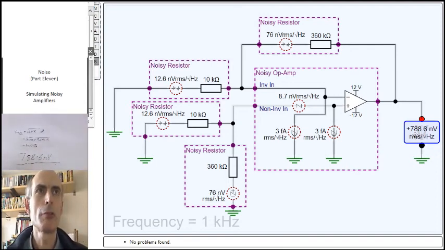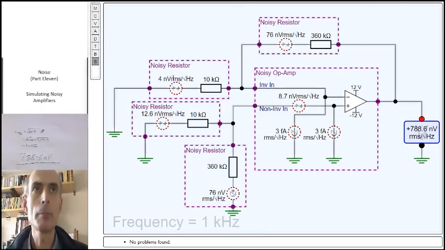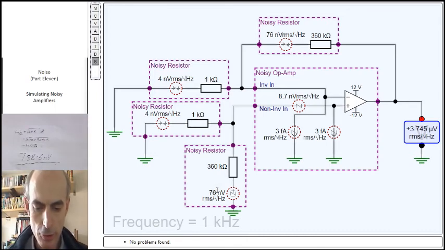What is it if we drop the resistors by a factor of 10, remembering to change their noise voltages as well? Well, let's try it. 12.6 nanovolts, if it drops by the square root of 10, would get you to 4 nanovolts per root hertz. And 76 divided by the square root of 10 would get you to around 24 nanovolts per root hertz.